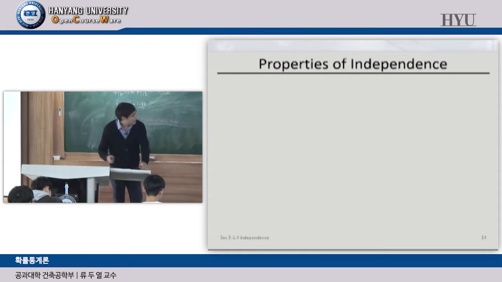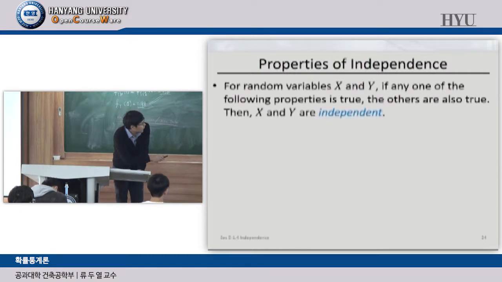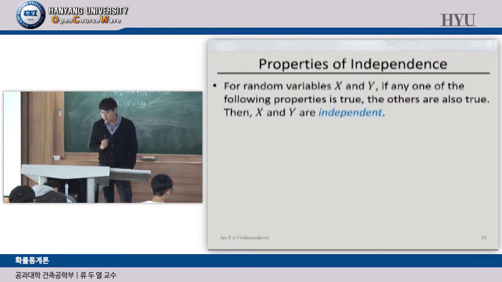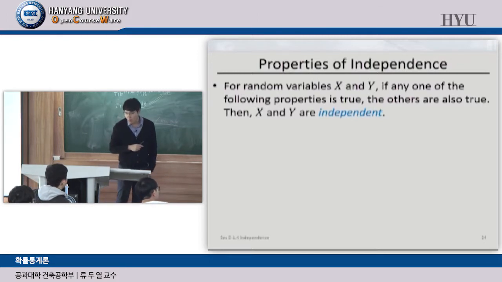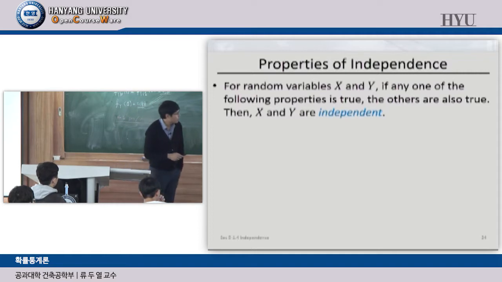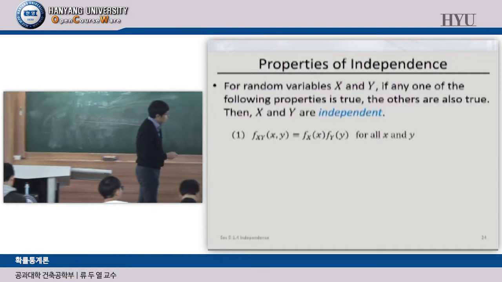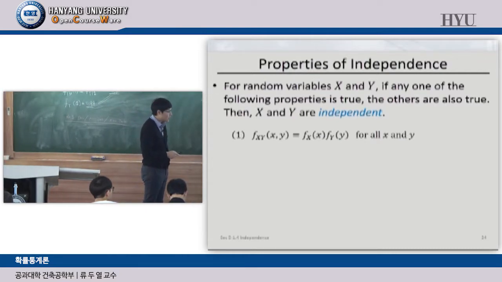And so we are going to learn about the properties of independence here. For random variables x and y, if any one of the following properties is true, the others are also true, and then x and y are considered to be independent. The first one is that the joint probability mass function is equal to the multiplication of the marginal probability mass function of each random variable, for all x and y.